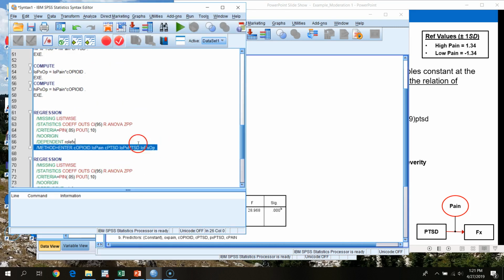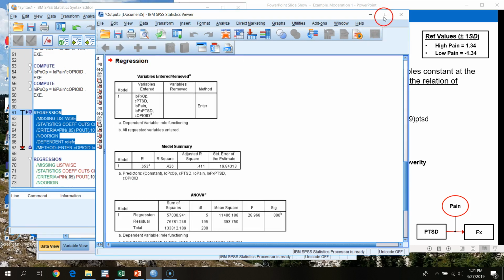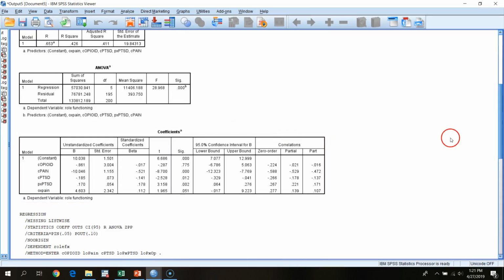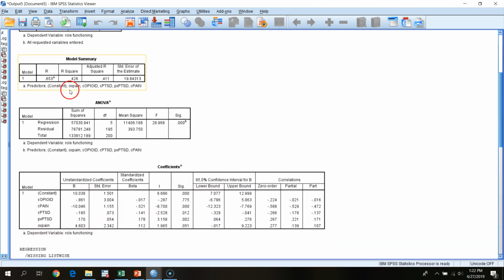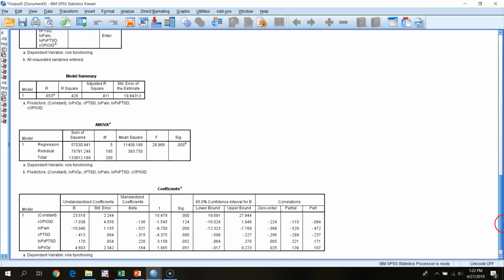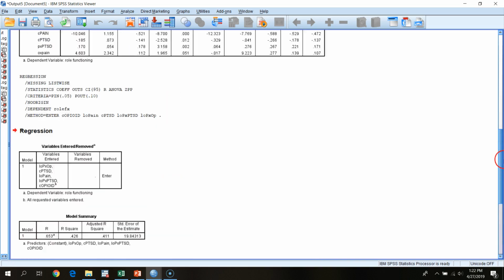And then my conditional effects for PTSD at low levels of pain. Okay. So if we go up and take a look here, R squared for my base model, 0.426 with an F of 28.968. Go down through, we see 0.426, 28.968. None of this changes, right?